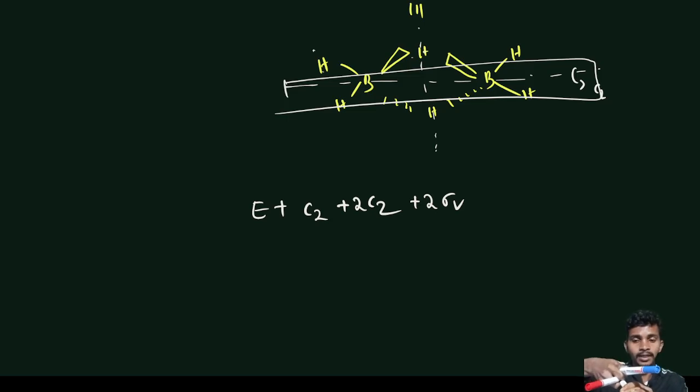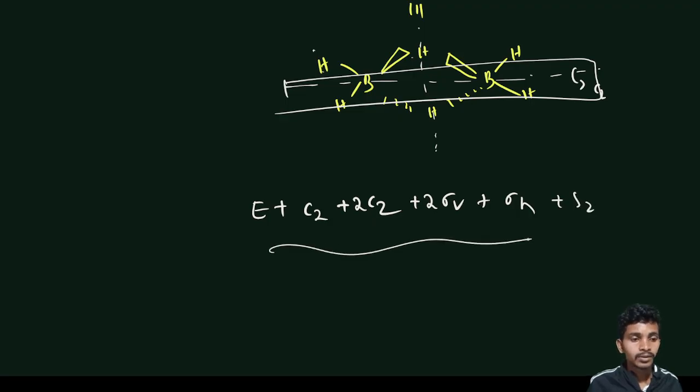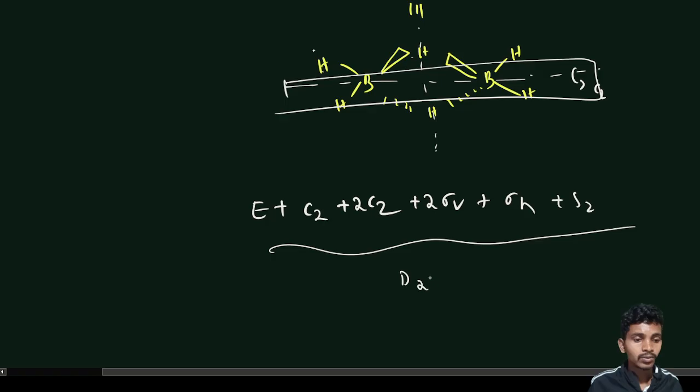So if that plane is in this direction and C2 is in this direction, they are perpendicular, so sigma h is also present. If C2 is present, sigma h is present, then S2 is also present. So this is in the point group of D2h, and S2 is equal to i.